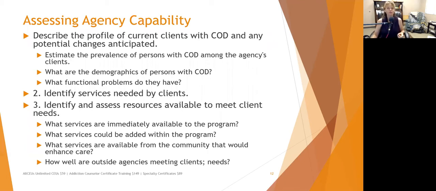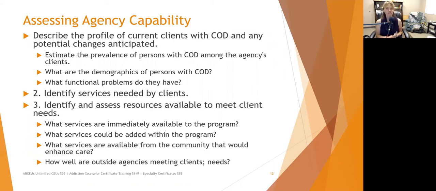So you need to be aware of who your agency serves, and then who they might be serving in the future. You need to identify services needed by clients. Not everybody needs transportation. If you live in a metropolitan area that has great bus service, that may not be as much of an issue as it is for us out here in rural Tennessee.